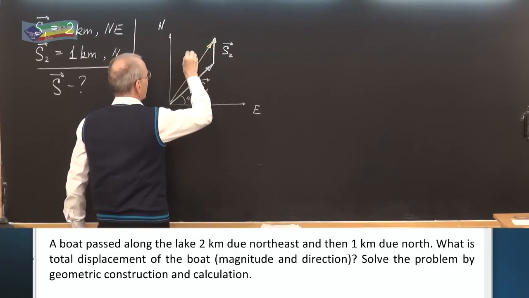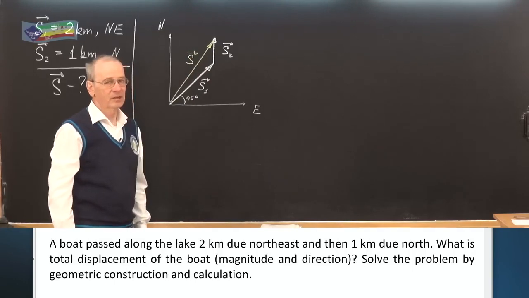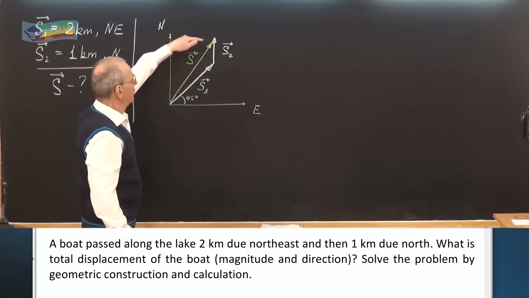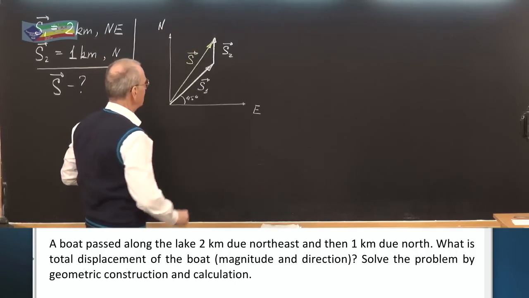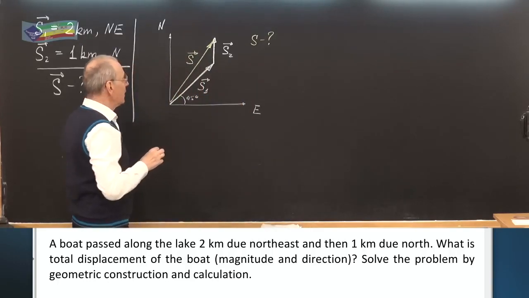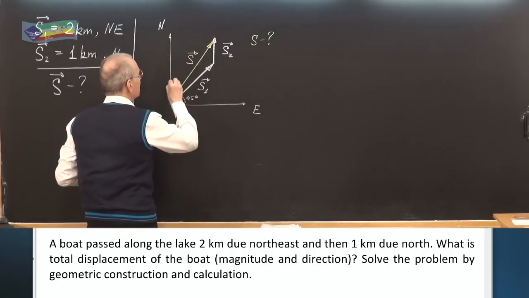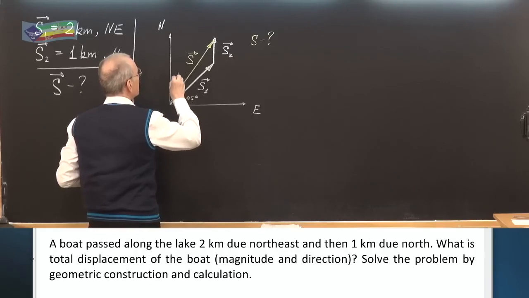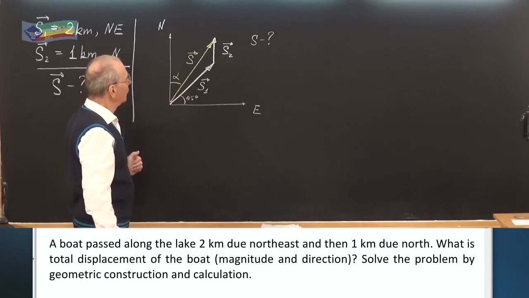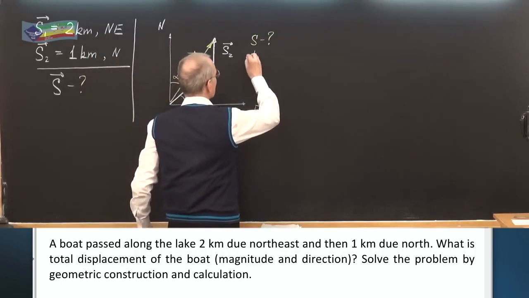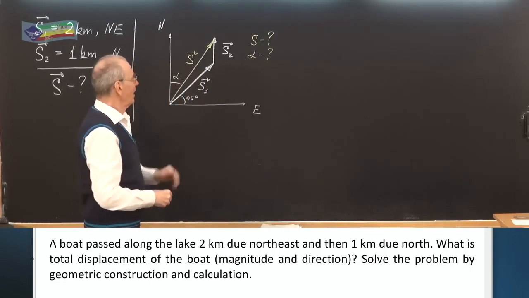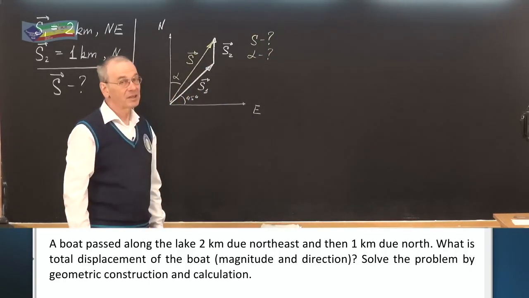This is the total displacement S. We have to find the magnitude of this vector S, and direction, for example, the angle between the northern direction and the direction of S. Geometric construction like this is very inaccurate.